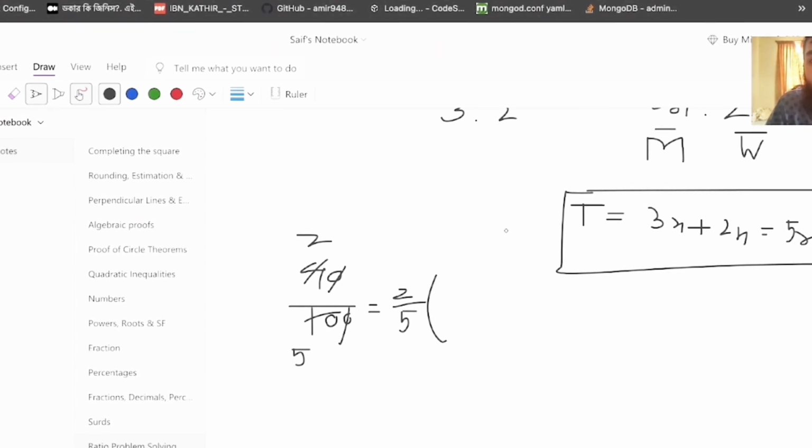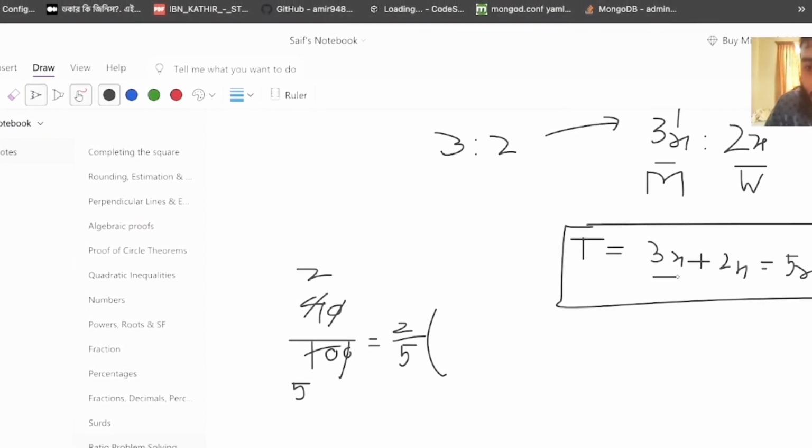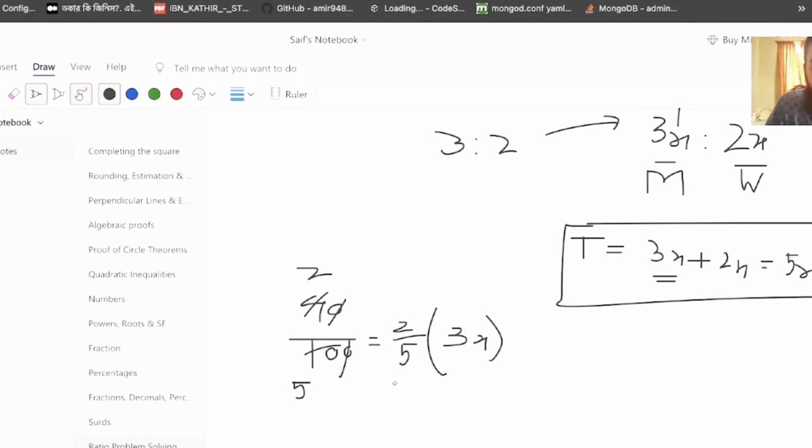What is the total number of men? We assumed 3x, right? So 2/5 of 3x is the population of men who are under the age of 25.